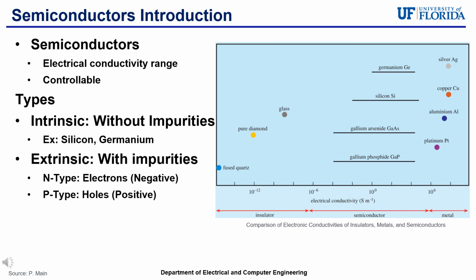There are two types of extrinsic semiconductors: N-type, which has an excess of electrons, and P-type, which has an excess of holes, which is minus electrons. The accompanying graph on the right compares the electronic conductivity of insulators, semiconductors, and metals. Insulators such as glass and pure diamond have a very low conductivity, while metals such as silver and copper exhibit high conductivity.